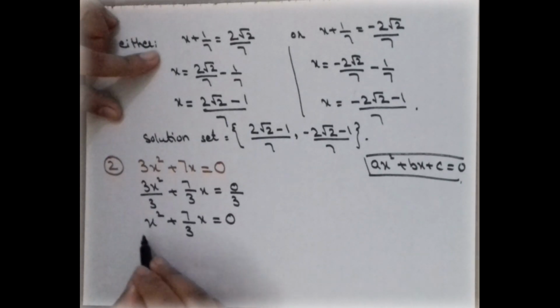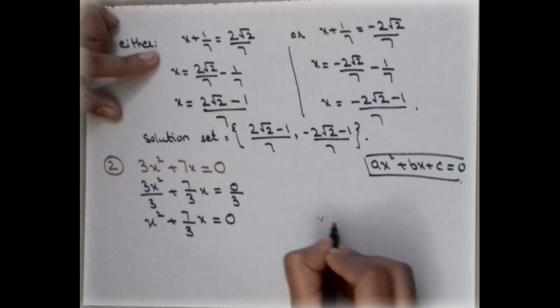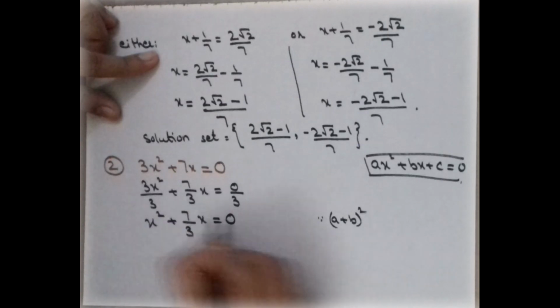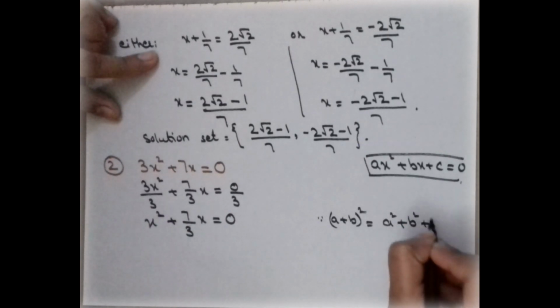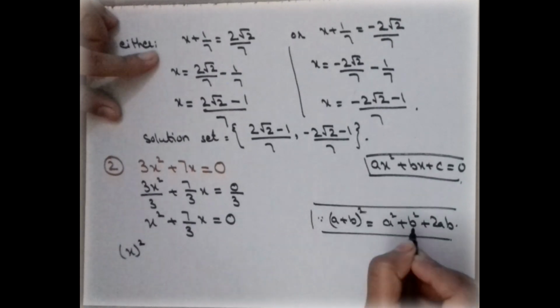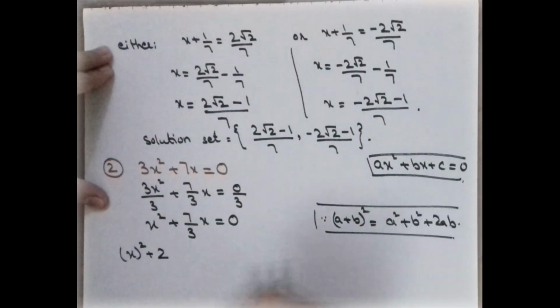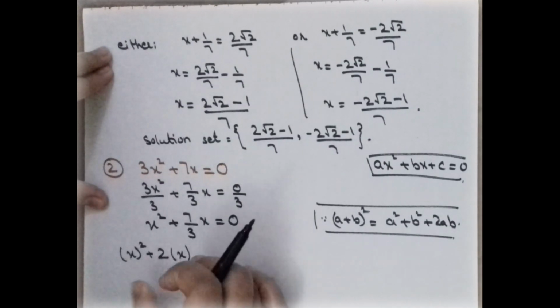To make the complete square of this term, as a plus b whole square, we make a factor of this term, and by the formula a square plus b square plus 2ab, we write x square plus 2 times, in the formula a which is x. So we find this factor.